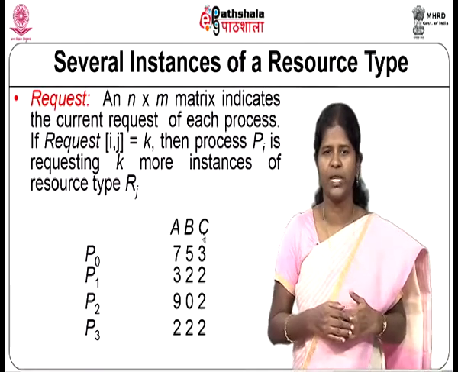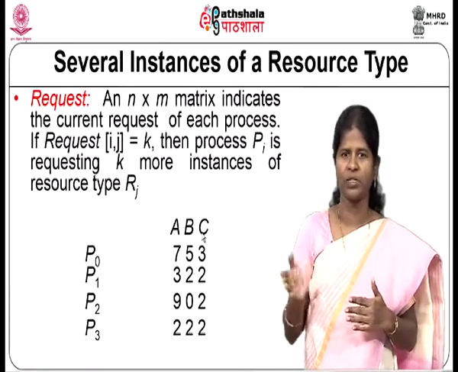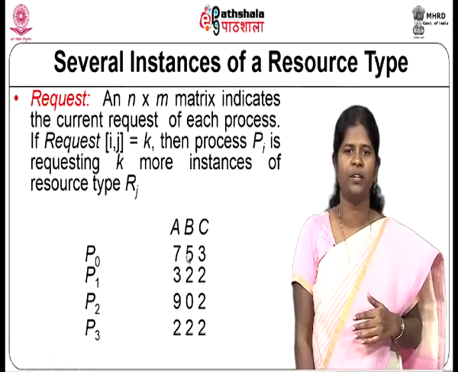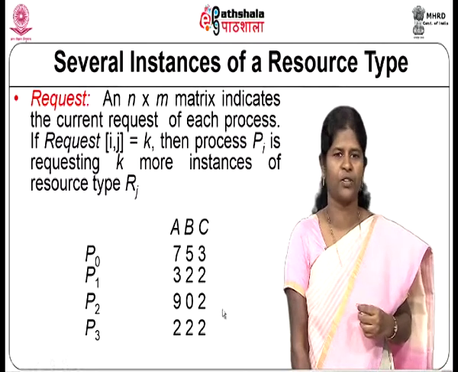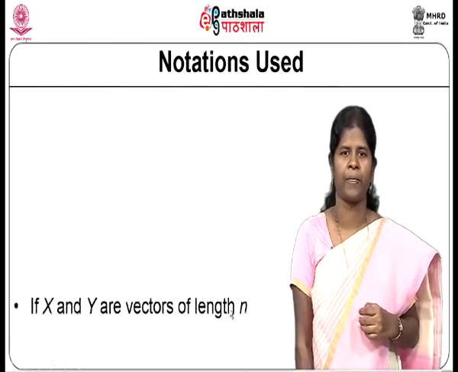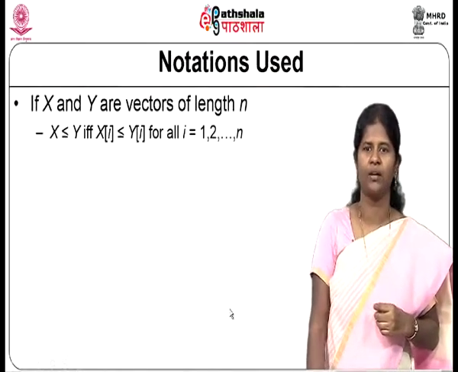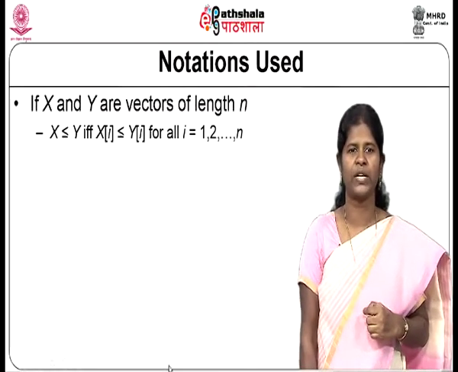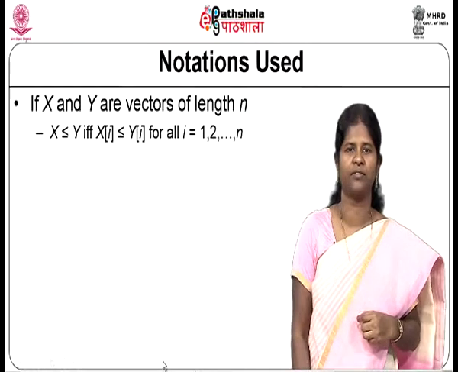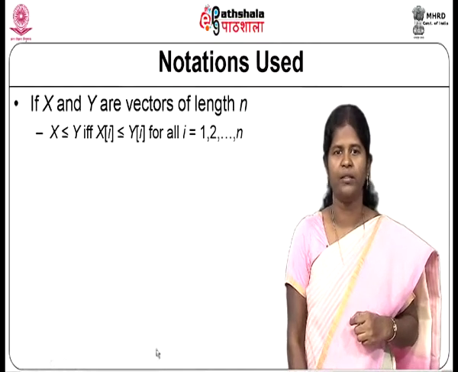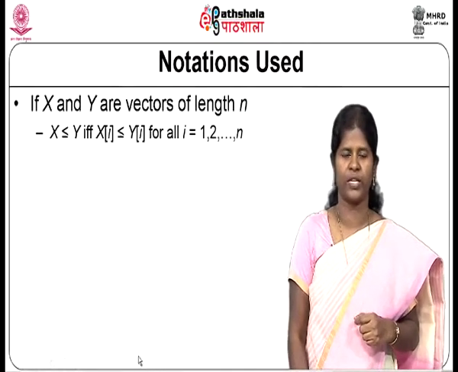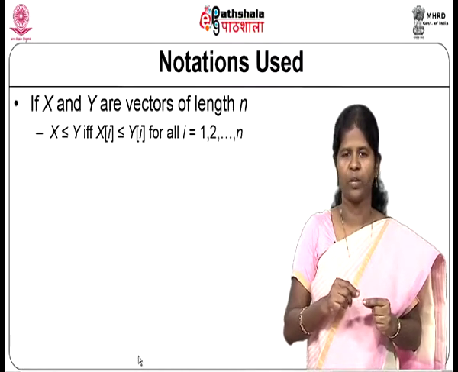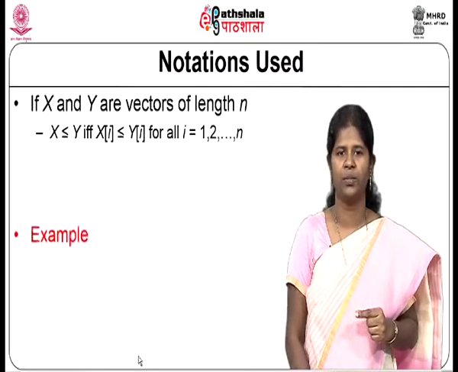If you look at this, you have A, B, C different resource types and P0 is currently requesting 7 instances of A, 5 instances of B and 3 instances of C. And you have notations here very similar to those in the Banker's algorithm. If you have 2 vectors x and y of length n, then vector x is less than or equal to vector y if and only if each element in x is less than or equal to the corresponding element in y.